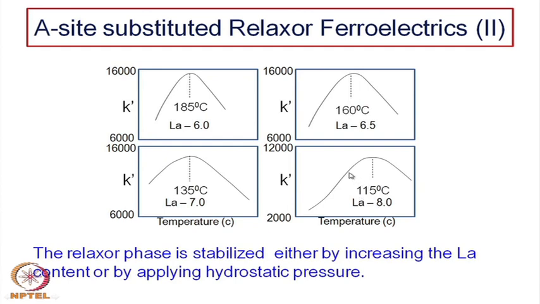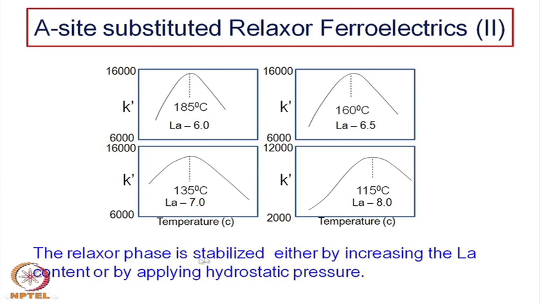So, not only the peak shifts, the peak also broadens quite a bit compared to this. This is a much broader peak, and not only that, you also see the peak dielectric constant is also different. Here the maximum is about 16,000, here the maximum is only up to 12,000. So, this peak dielectric constant or K prime value is lower compared to this value.